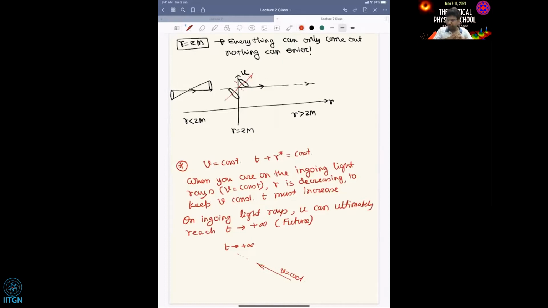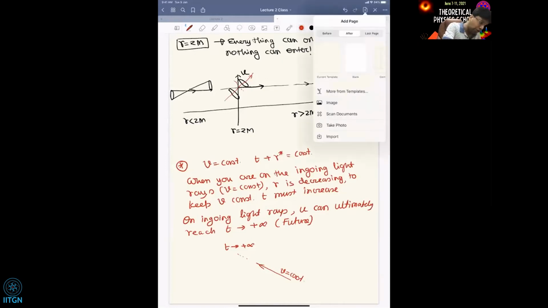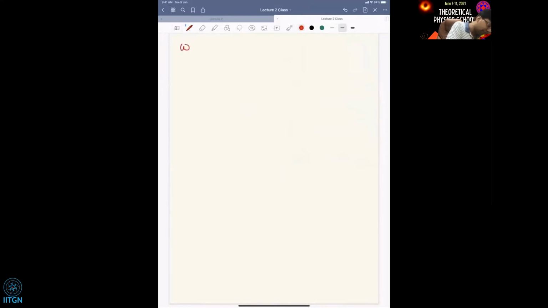Now note, when you're using outgoing light rays, u is equal to t minus r star equal to constant. So if you're moving in the decreasing direction of r, t should also decrease.